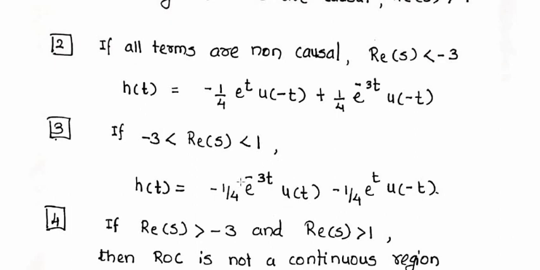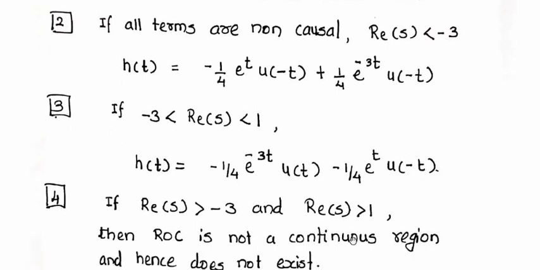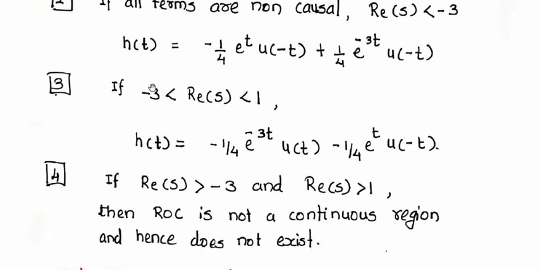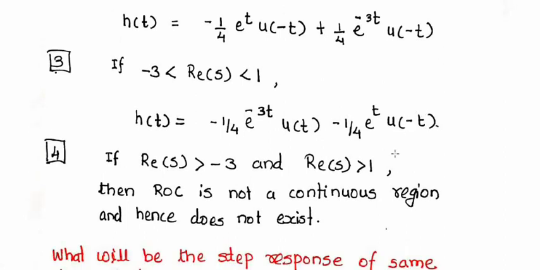This is for the right-sided u of t, and this is for less than 1, and minus 1 by 4 is left-sided, which is less than 3. So this is the ROC, a band in between minus 3 and 1, and its corresponding impulse response, you can see, has one term right-sided and another term left-sided, and the combination of these two will be the final h of t.